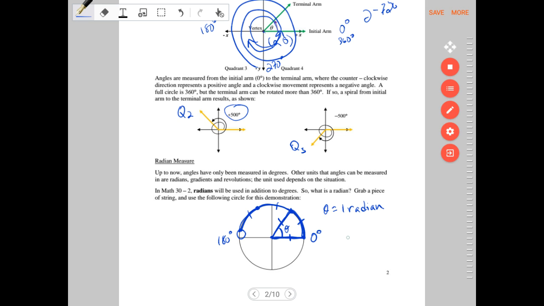So 180 degrees is the same as how many radians? 1, 2, 3 and a bit. What number sounds an awful lot like 3.14 perhaps? 180 degrees is the same thing as pi in radians, so pi radians. So 3.14, etc. All right, cool.